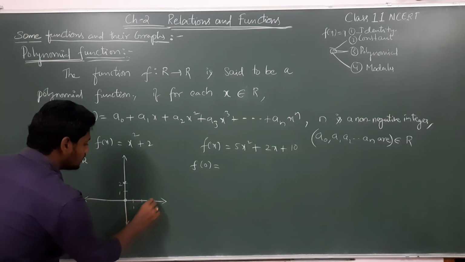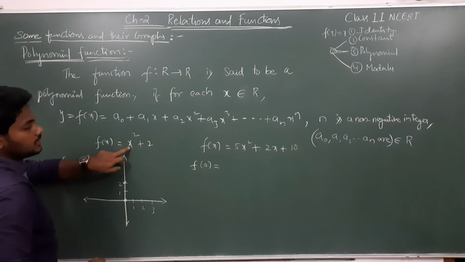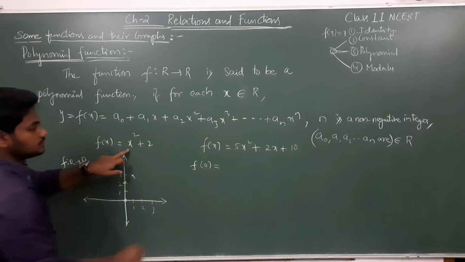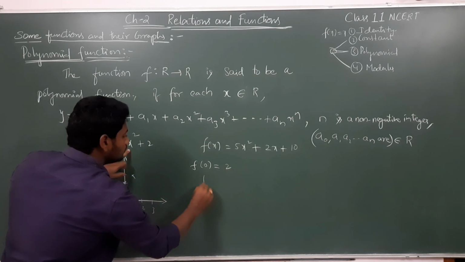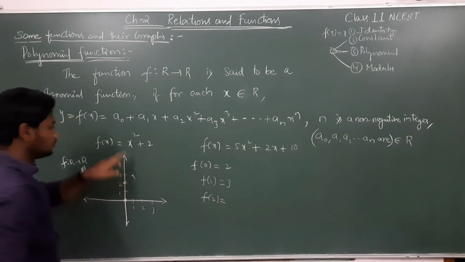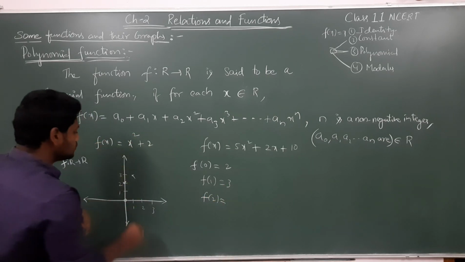If I consider 1, 1 square plus 2, that is 3. So f of 1 is 3. F of 2 is 2 square, 4, plus 2, 6.